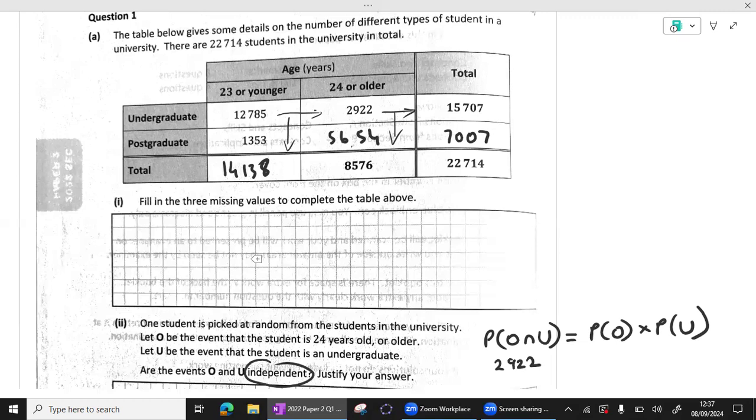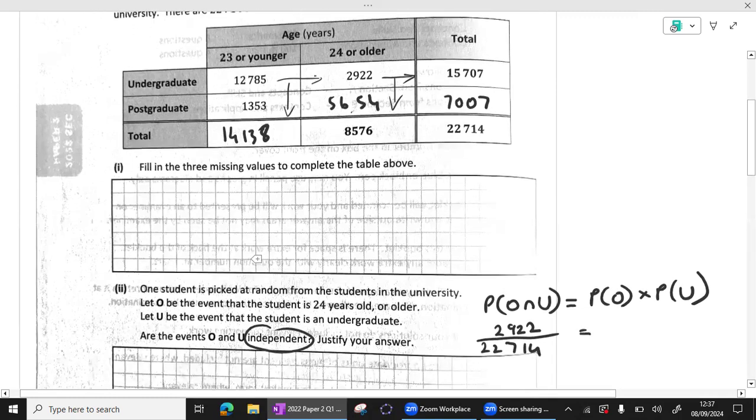Now that's out of the total, so we better put it out of 22,714. Actually, we might work that out first. So 2,922 divided by 22,714. So that's coming out to be 0.1286 to 4 decimal places.